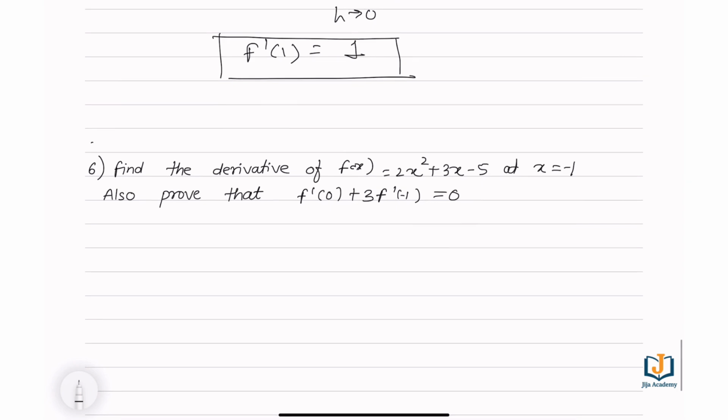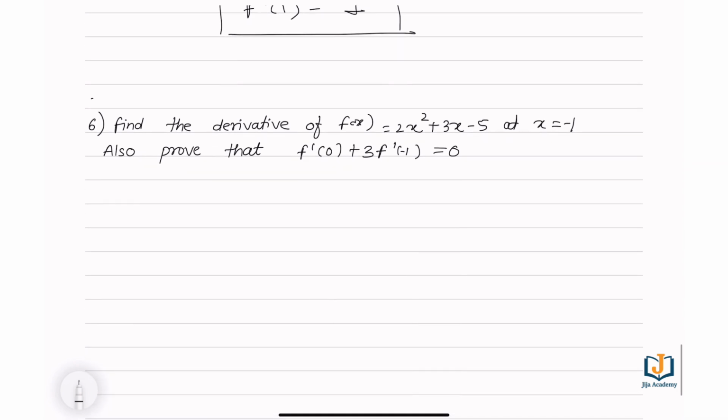Moving to the next problem, find the derivative of f of x is equal to 2x square plus 3x minus 5 at x is equal to minus 1. Also prove that derivative at 0 plus 3 into derivative at minus 1 is equal to 0. So here f of x is equal to 2x square plus 3x minus 5.